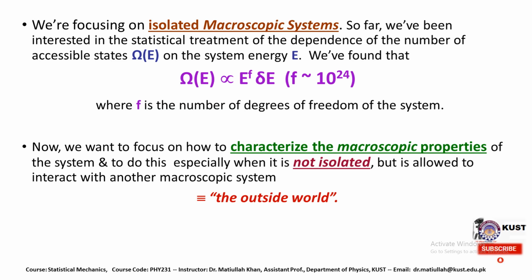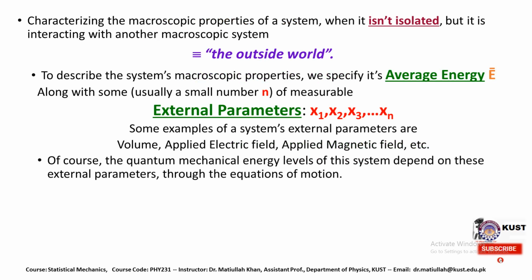It might increase or decrease depending on the difference between the energy levels or the interaction between the two systems. If we consider any particular system that is not isolated, it can interact with the surroundings in various ways, and the result is that the external parameters are changed.